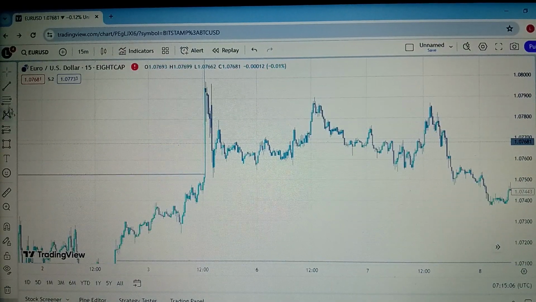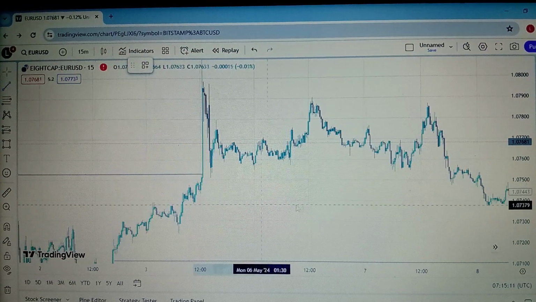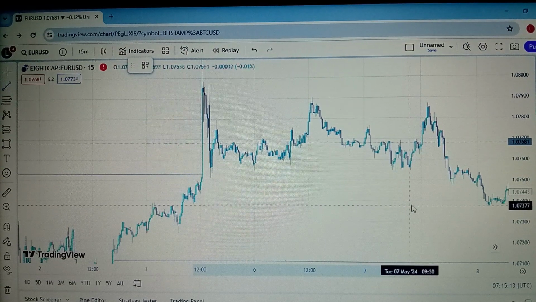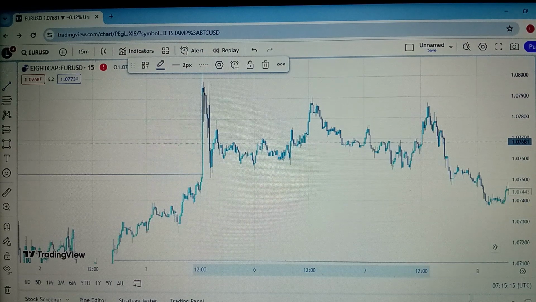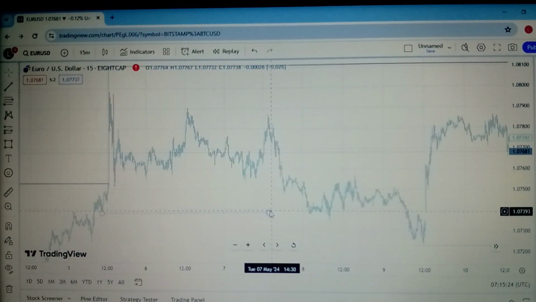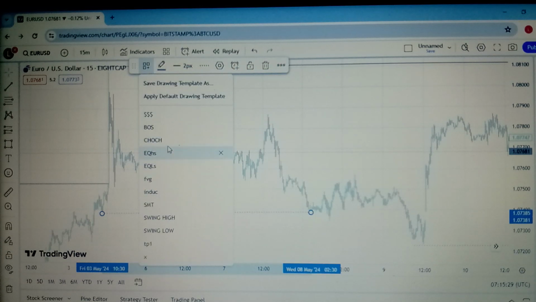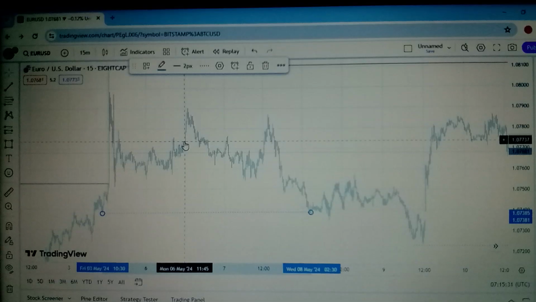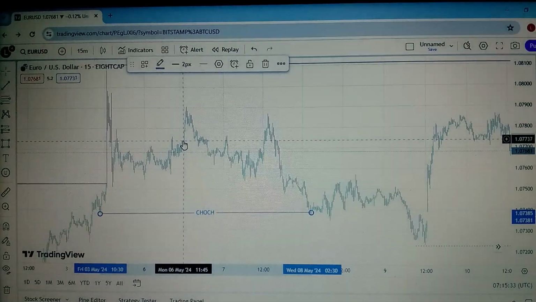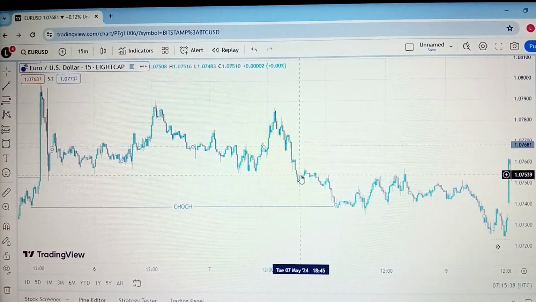So this is my change of character. What I see on the 15-minute time frame is that we have a change of character, and price is pulling back.